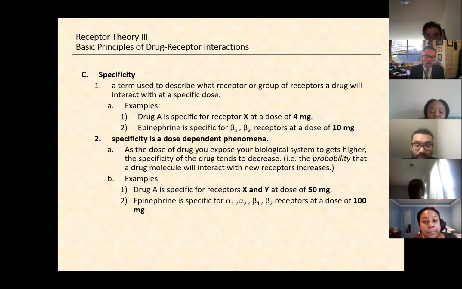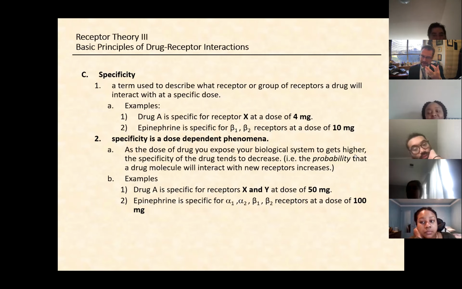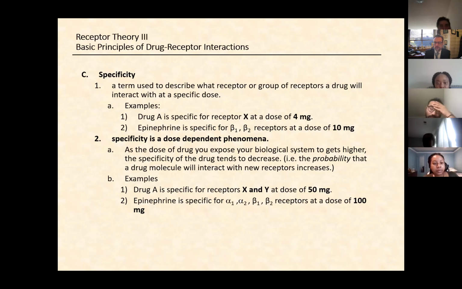When we talk about drugs that we give our patients, we want them to be very selective and specific. Drugs that tend to be very selective are also very specific. If drugs are less selective and more promiscuous, they tend to be less specific. So let's start talking about some definitions here.